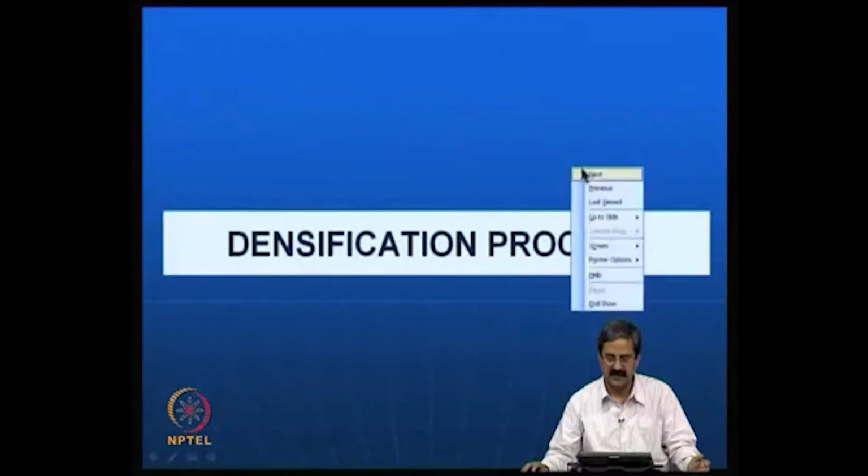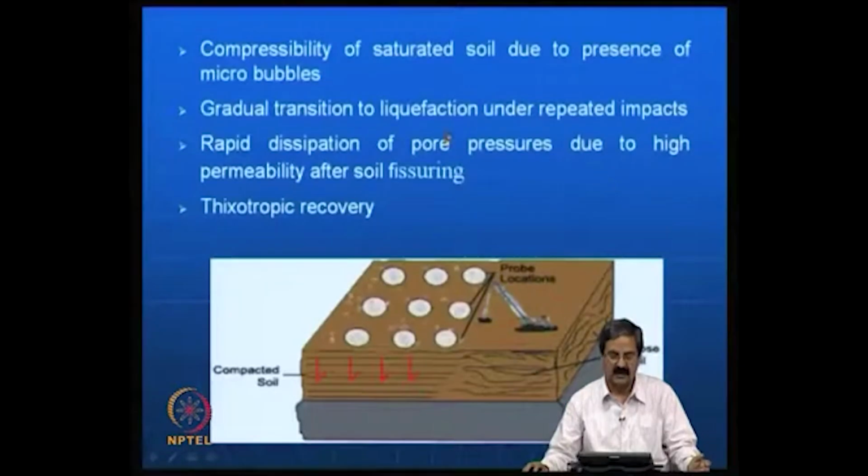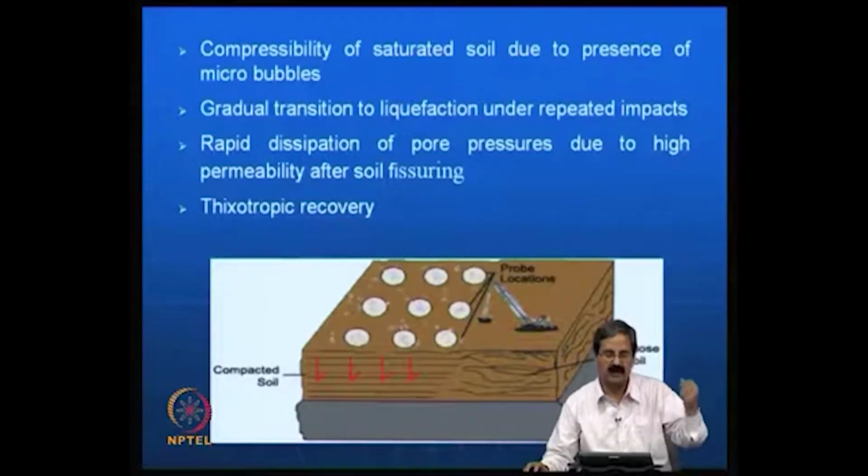The process of densification is like how does it get compressed. Say for example, this is a big point, because people were under the impression that how can you compact or consolidate a saturated soil, which is already saturated. If you compact, what is going to happen?